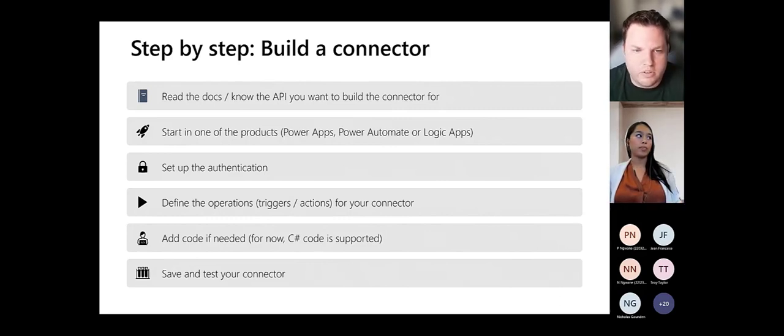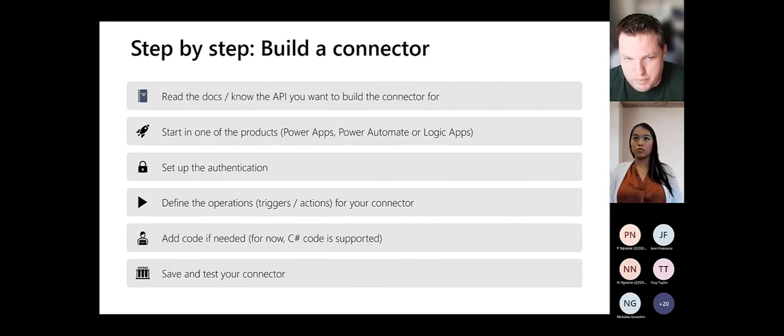Usually the docs have all kinds of documentation on what inputs are needed, what responses are available. Some APIs are not really good at providing the docs. So when you want to build a connector, make sure that you pick one that has pretty good docs, and that will make your life a lot easier.